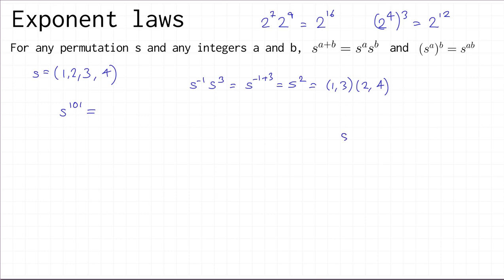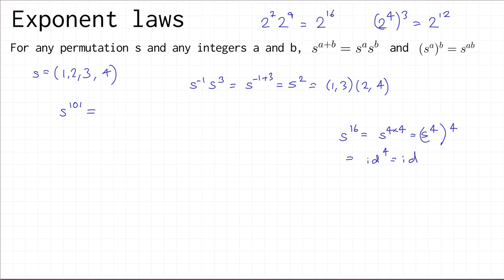What if we had S to the power 16? That's S to the power 4 times 4. So that's S to the 4 to the 4. Okay, but we saw that S to the 4 was the identity. So what you've got there is the identity to the power 4. And you know when you compose the identity with itself, you just get the identity again. So this will be the identity.